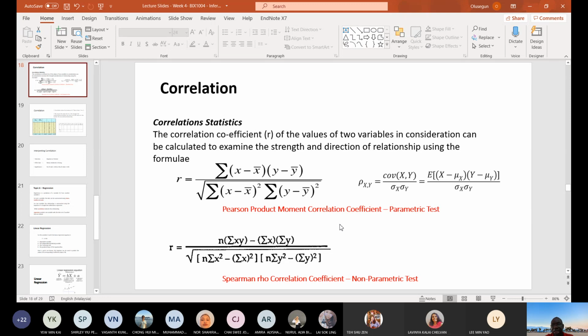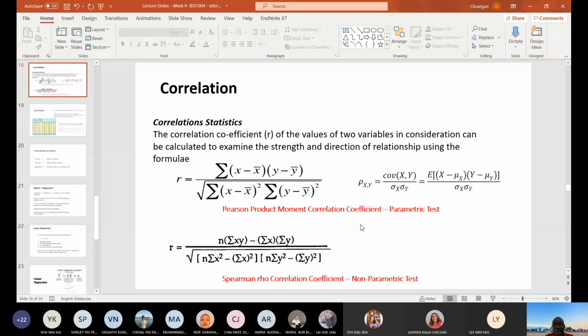When we get to research methodology, you will understand more about parametric and non-parametric tests, because any data that is ranked and doesn't have equal distance between its values is regarded as non-parametric.